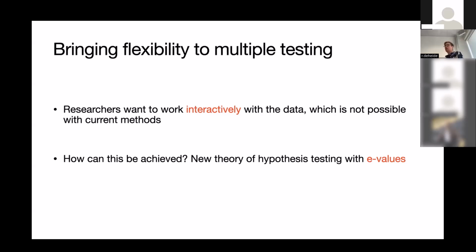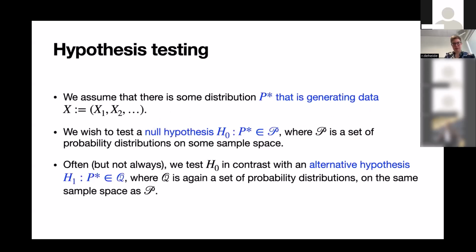For example, in the brain, you have some clear anatomic regions, and it might be that the researcher wants to look at the data and then zoom in on some structural anatomic region. So with this project that I'm doing with my PhD students now, we try to bring these 2 dimensions of flexibility into hypothesis testing and into multiple testing in particular.